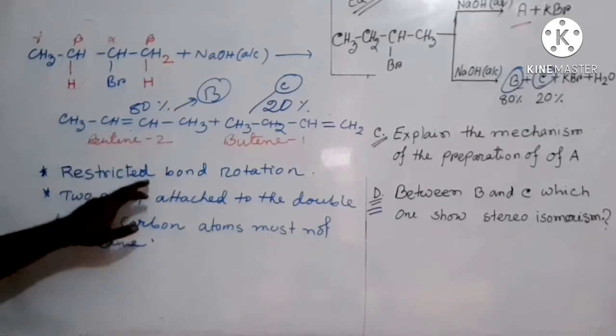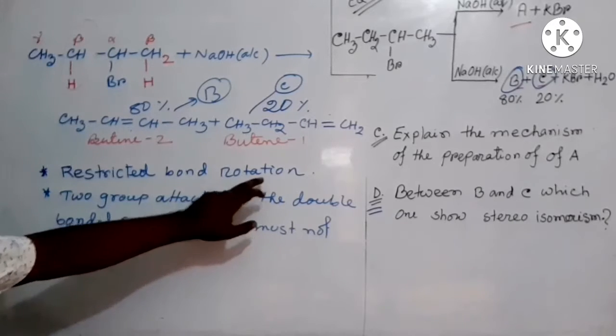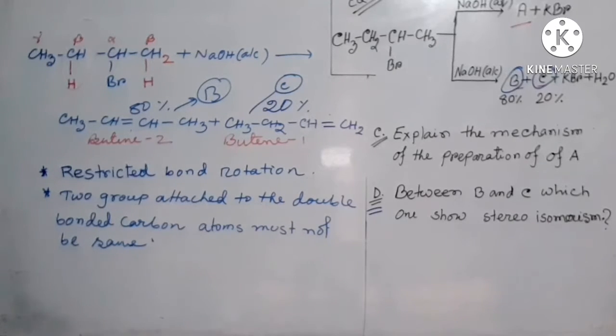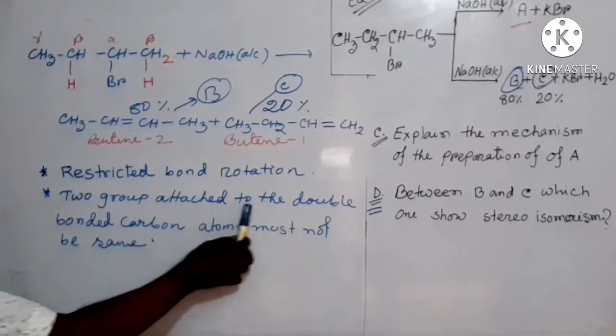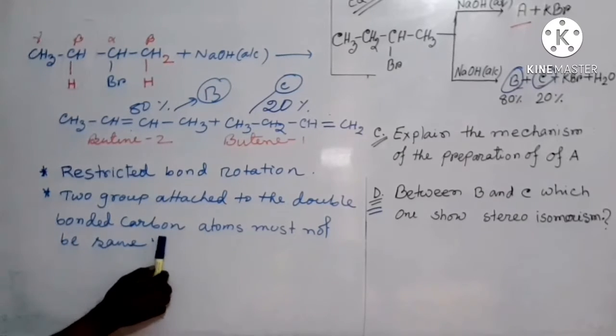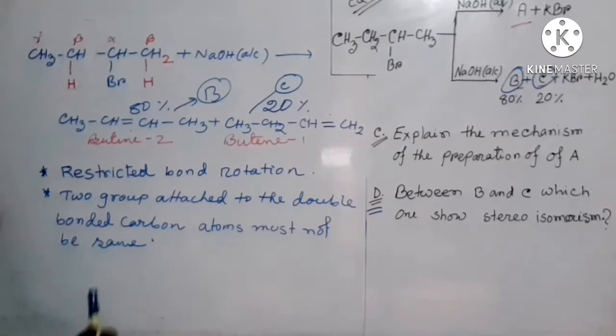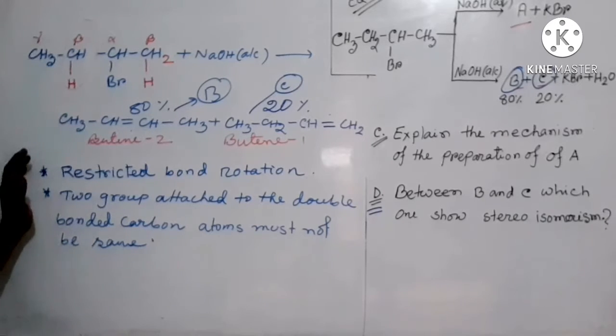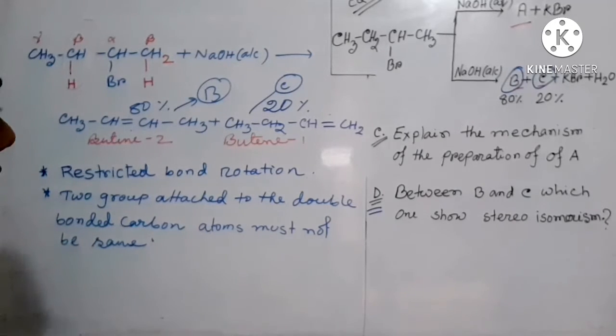Here restricted double bond rotation is present because a double bond is present. If the two groups attached to each double bonded carbon atom are not the same, the compound shows geometrical isomerism.